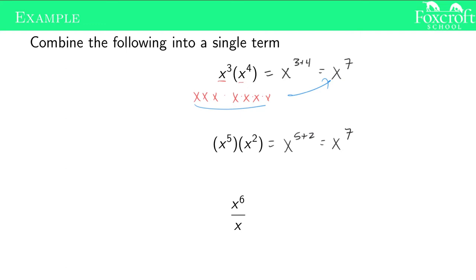And this one on the bottom, it's not obvious they're both exponentials, but whenever you have any number or any variable by itself, it is raised to the first power.